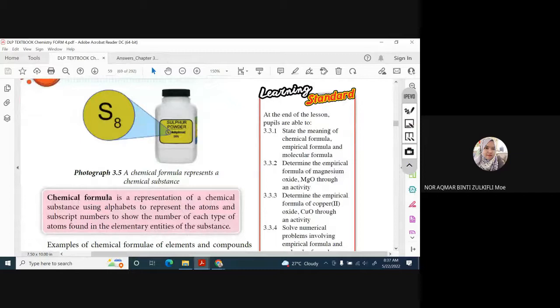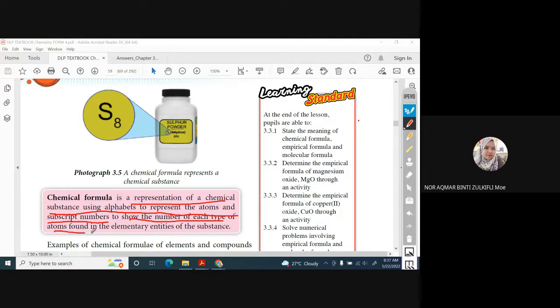A chemical formula is a representation of a chemical substance using alphabets to represent the atoms and subscript numbers, the small numbers, to show the number of each type of atom found in the elementary entities of the substance. For example, S8 has 8 S, 8 sulfur in this sulfur powder.